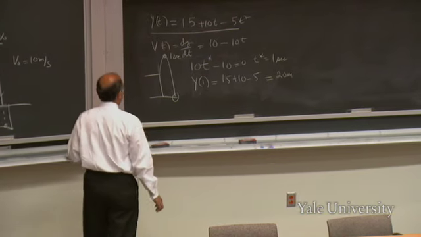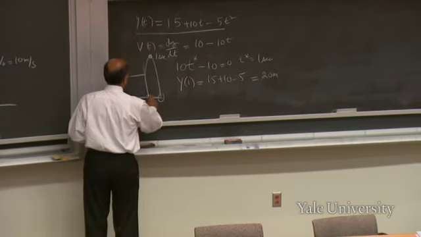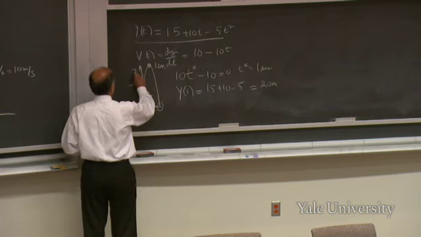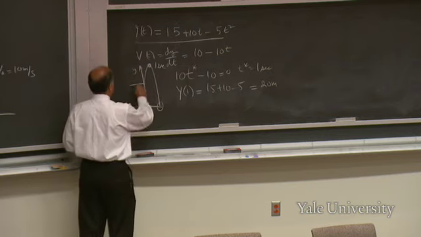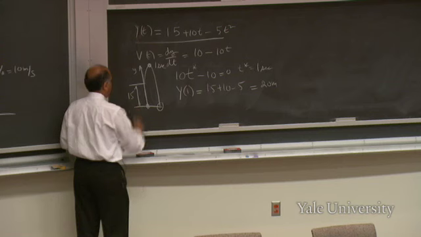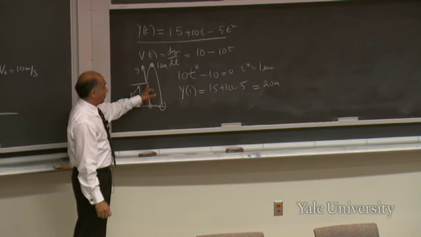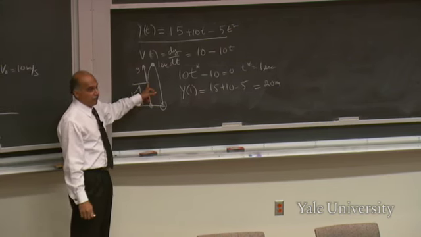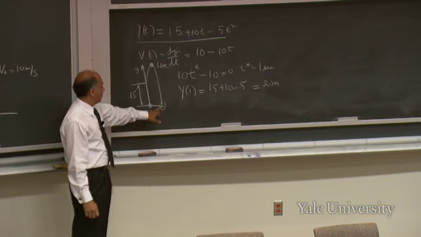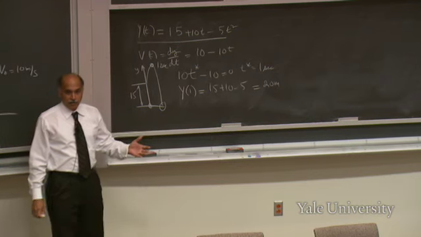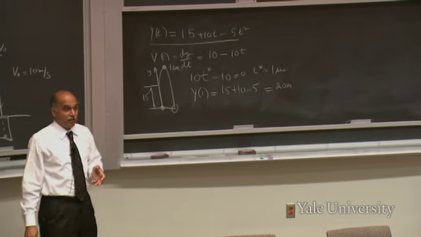By the way, I didn't tell you this, but I think you knew that I picked my origin to be here and measured y positively to be upwards, and I call that 15 meters. You can call that your origin. If you call that your origin, your y0 will be 0, but ground will be called minus 15. So in the end, the physics is the same, but the numbers describing it can be different.